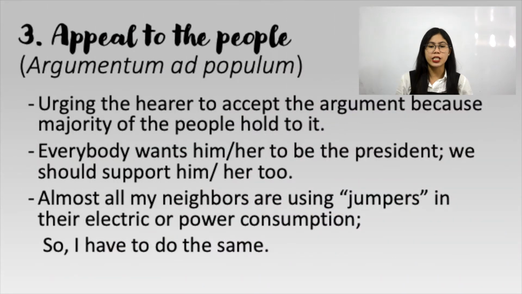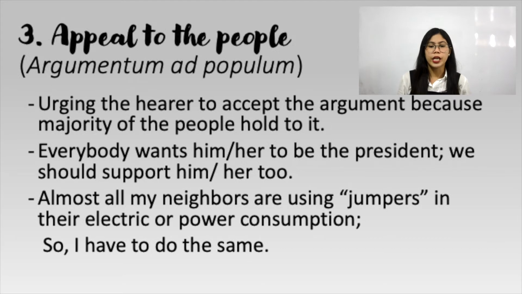Next fallacy is appeal to the people or argumentum ad populum. It urges the hearer to accept the argument because the majority of the people hold to it. It is reasoning based on popularity rather than on scientific evidence or facts.